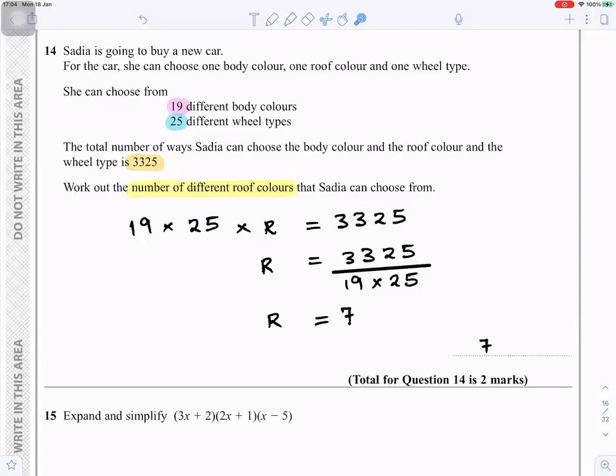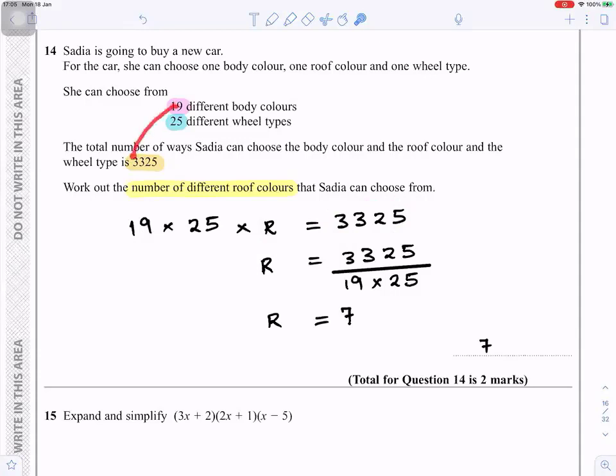So Sadia can choose 19 different body colors and 25 different wheel types and R number of roof colors. And when you multiply all of that, that would give you a total of 3,325.